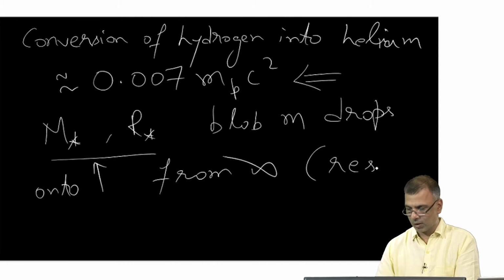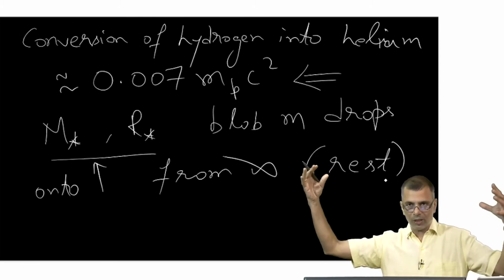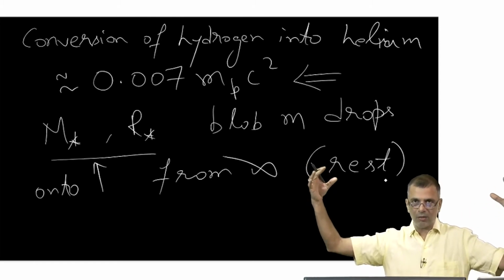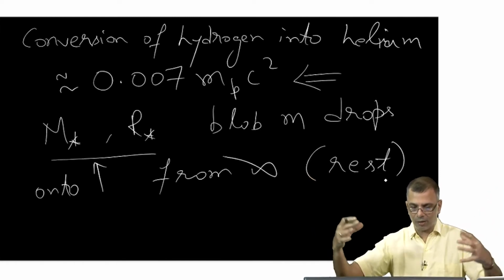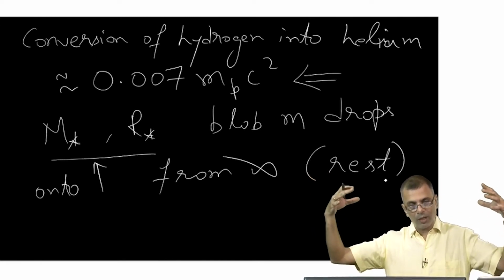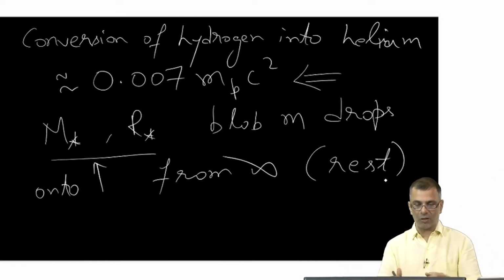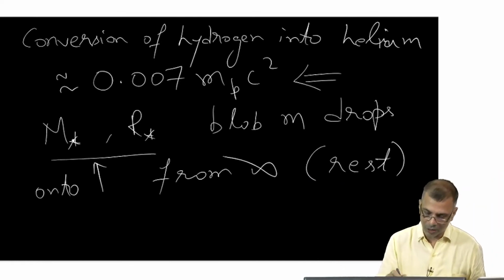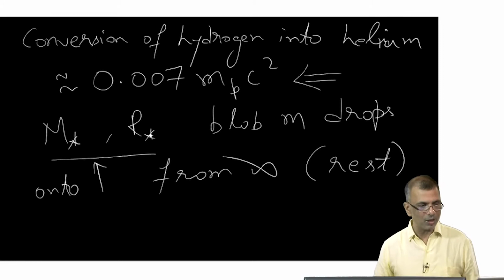It is being attracted and it accretes onto this central object, which has a mass m star and a radius r star.